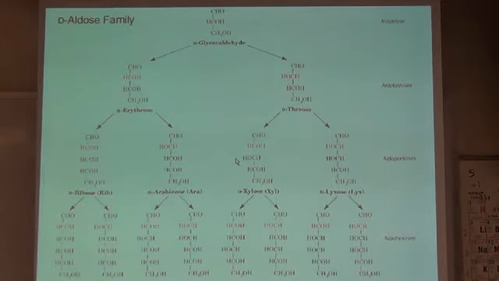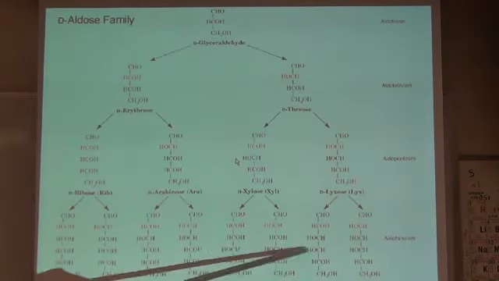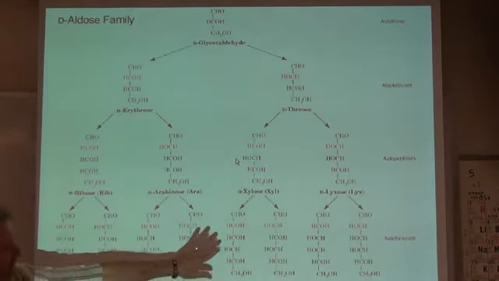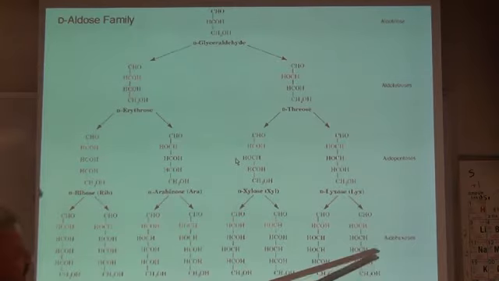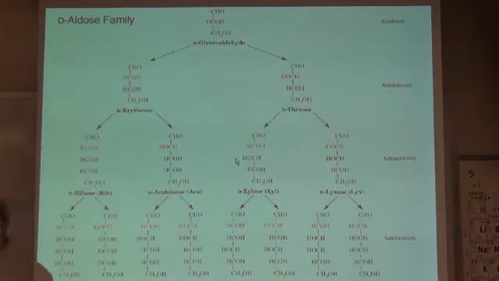I know that everyone is familiar with C6H12O6 and they always associate that with glucose. But in reality, there are a whole bunch of sugars that have that formula. Every single one of these is C6H12O6. Notice that we can call them aldohexoses.